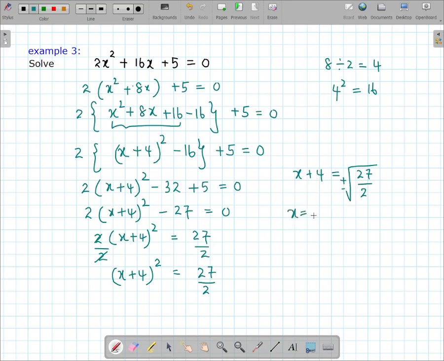So x equals minus 4 plus or minus root of 27 over 2. Then I can have plus answer and minus answer. x equals minus 4 plus root of 27 over 2, or x equals minus 4 minus root of 27 over 2.